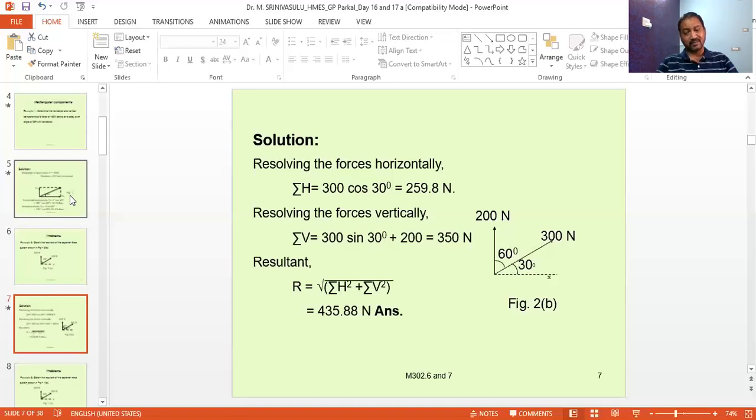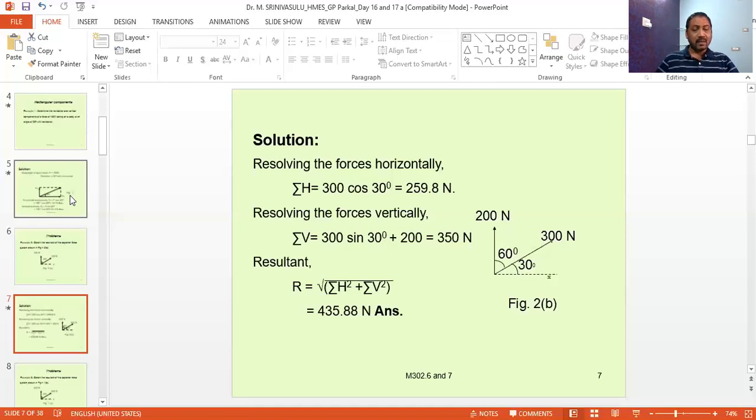That we should know. For that reason, for sigma h, we got a vertical force of 200 newtons, and the horizontal component of that vertical force is equal to 0, so we have not taken it into account.